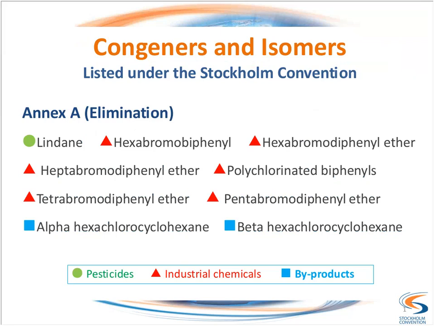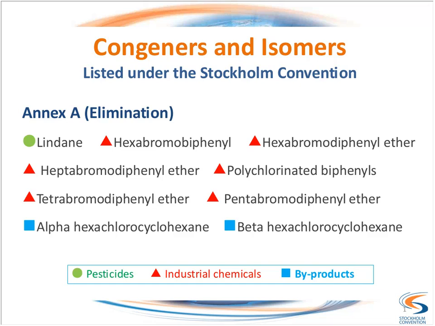Okay. Now I will discuss the congeners and isomers that are listed under the Stockholm Convention, and I will also say something about why we discuss congeners and isomers at all, why they are a problem or not, and so on. You can see in Annex A, elimination, the pesticide lindane, then industrial chemicals hexabromobiphenyl, hexabromodiphenyl ether, and heptabromodiphenyl ether, which are components of commercial octabromodiphenyl ether.